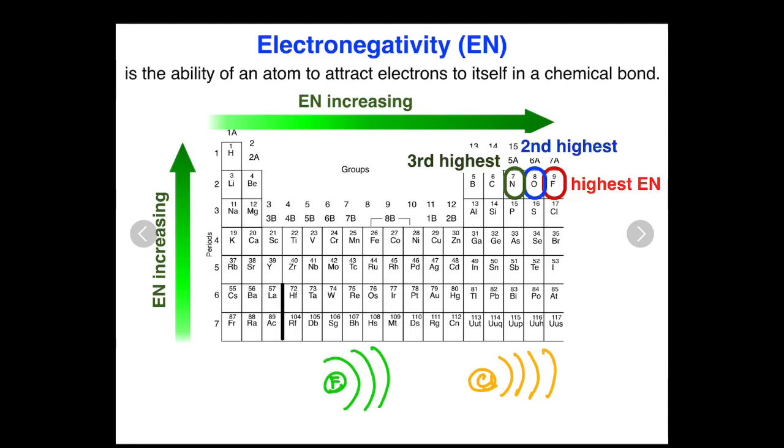Therefore, attracting one more electron is going to be easier for fluorine, because for chlorine the electron is further away, right? So in this case, fluorine would have a higher En value than chlorine, bromine, or iodine. So it's because of that size right there, because they both have the same effective nuclear charge.